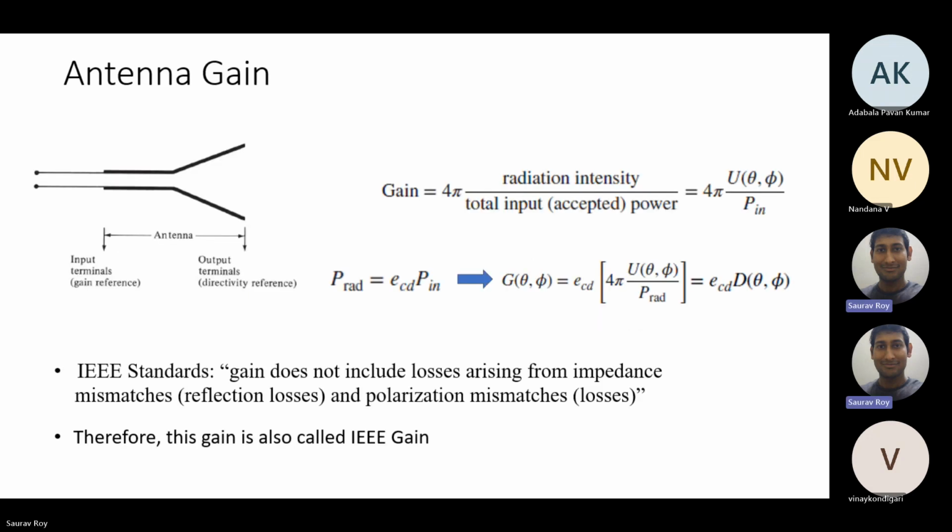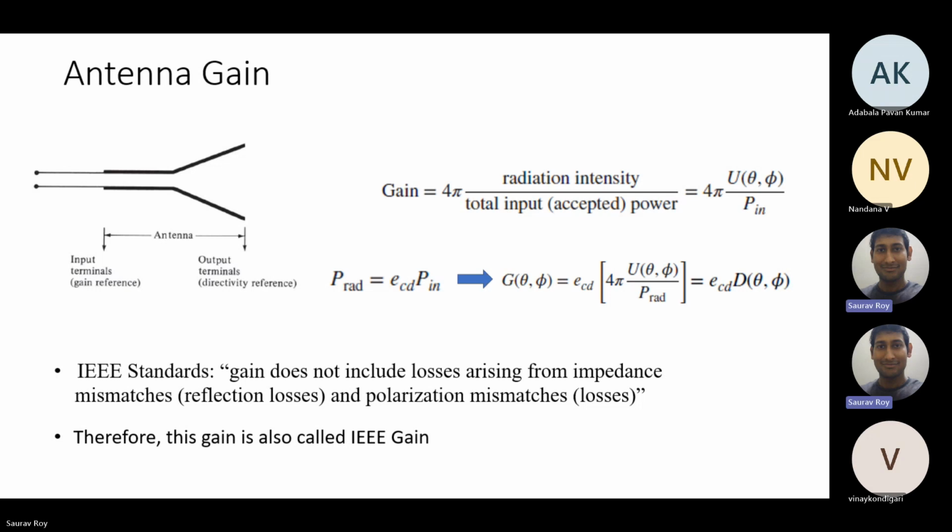So far in this concept, we did not take care of the losses due to reflection, because the IEEE standard says that the losses coming from impedance mismatch, which is reflection loss, and also polarization mismatch loss, that we'll also see here, we don't take care of in IEEE gain.